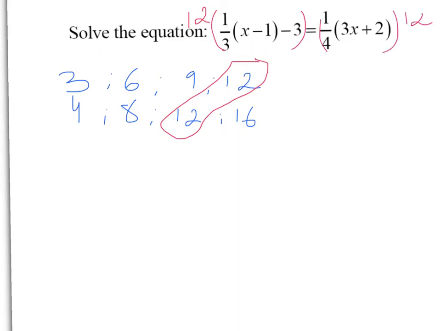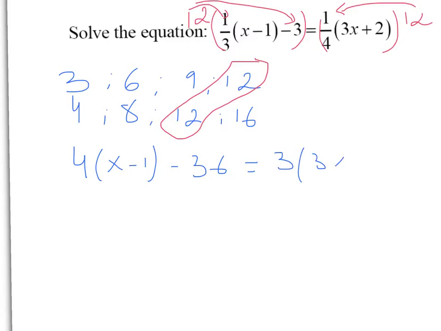Now we do 12 times 1/3 and 12 times negative 3 here, and 12 times 1/4 there. So it will be 4 times (x minus 1) minus 36 equals 3 times (3x plus 2).